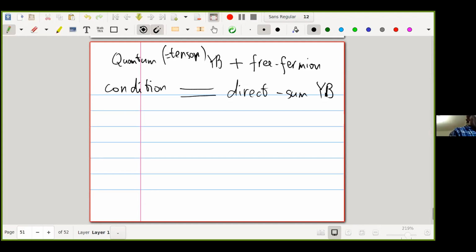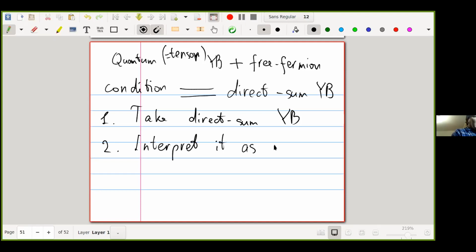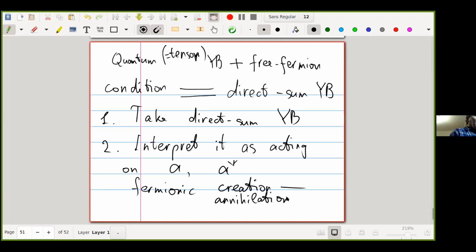You see, if you take direct sum Young-Baxter first, then interpret it as acting on fermionic creation and annihilation operators.